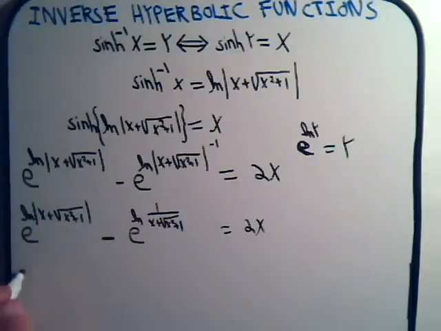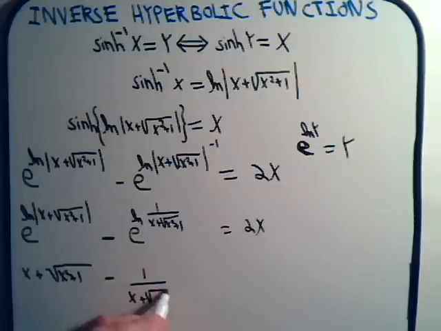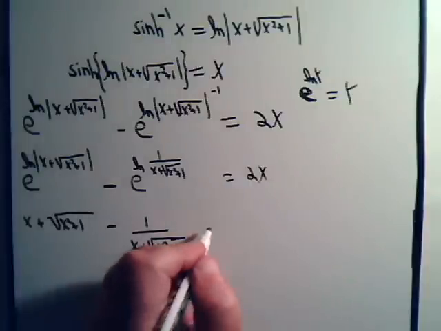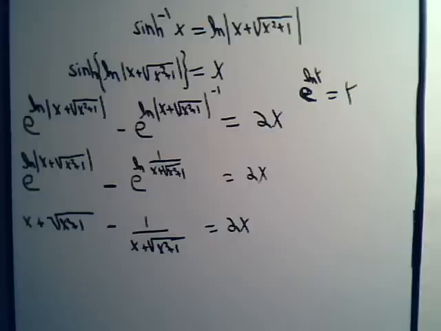So we have x plus the square root of x squared plus 1, minus 1 over x plus the square root of x squared plus 1, should be equal to 2x.